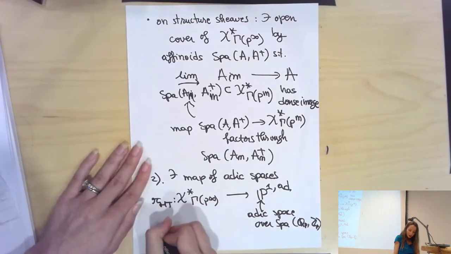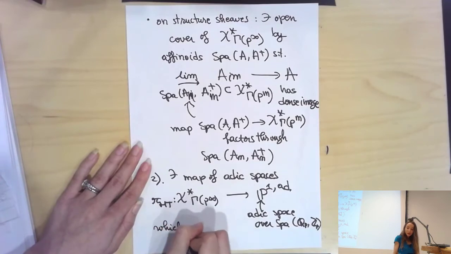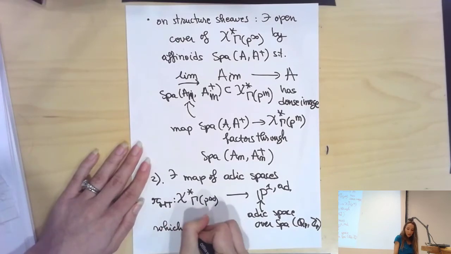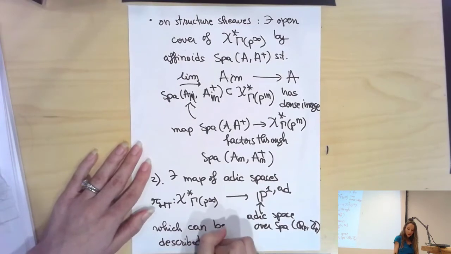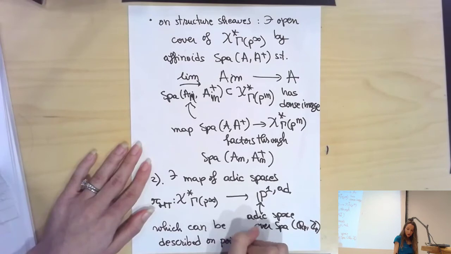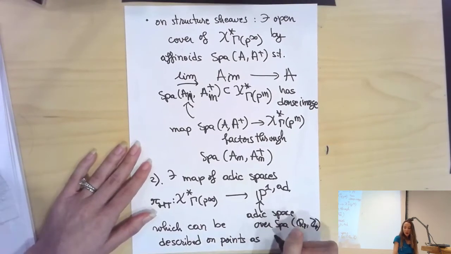And maybe under the first approximation, this map can be described on points as follows. This is coming from Bhargav's lectures.